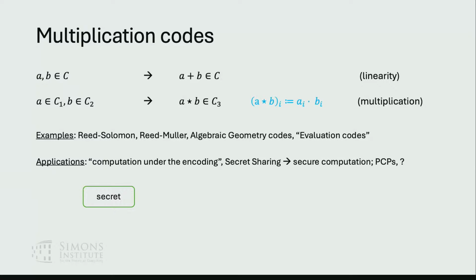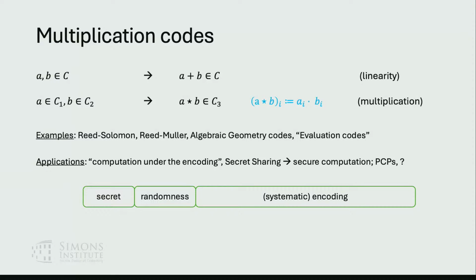Suppose you have a secret, you add some random bits, and then you encode this string in some systematic code, so the whole thing is a codeword. In secret sharing, you take parts of the encoding, without the systematic part, and distribute them to various servers. By the distance properties of the code, each server separately has no knowledge about the secret, but together they can reconstruct it.